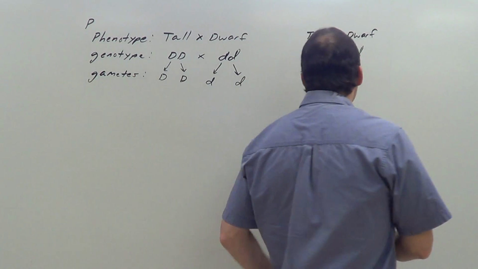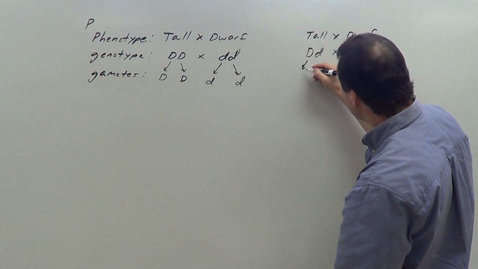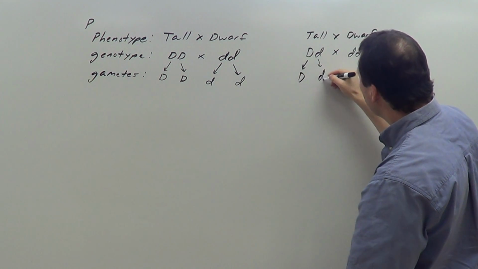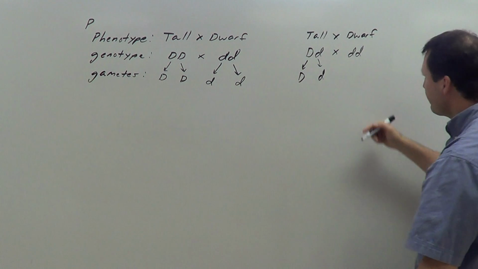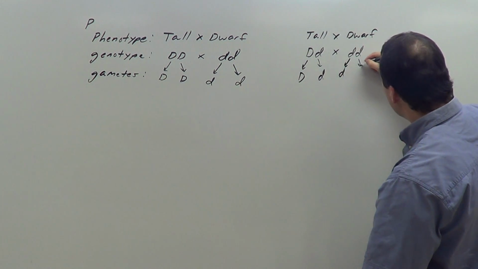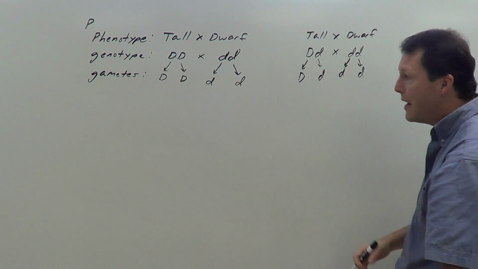Now let's do this case over here. This tall pea plant could give capital D to a gamete, or it could give a lowercase d to a gamete. And the dwarf could give a lowercase d, or it could give a lowercase d. It can only give what it's got.